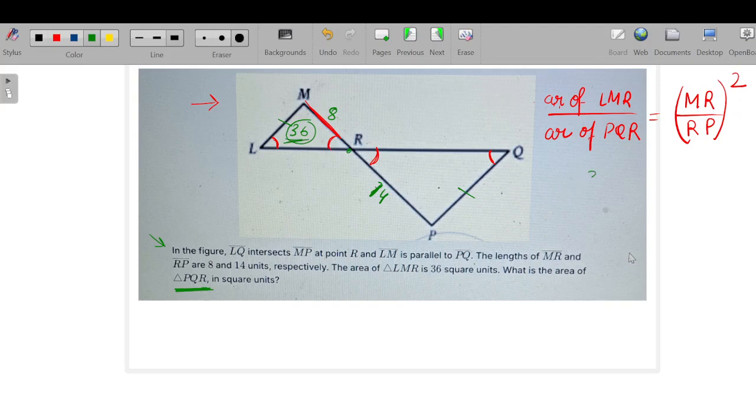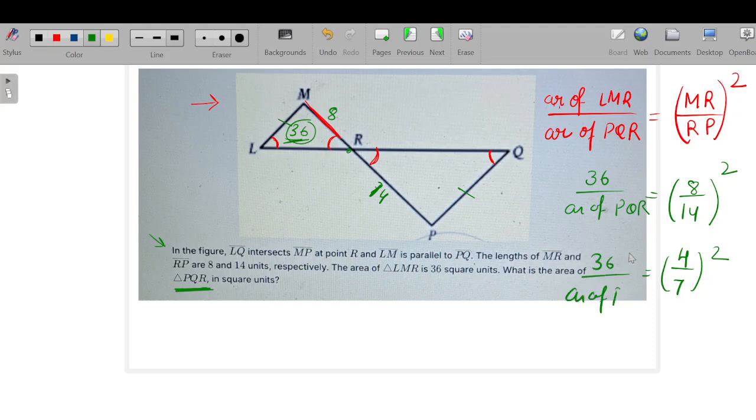Okay, so the area of LMR is given. It is 36, so I'll write 36. The area of PQR is not given. I have to find it out. MR is 8, RP is 14. I can simplify it and make it 4 over 7 whole square equals 36 over the area of PQR. Now that is 16 over 49.